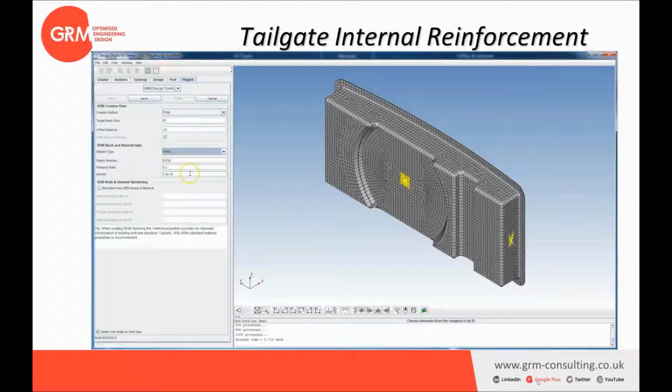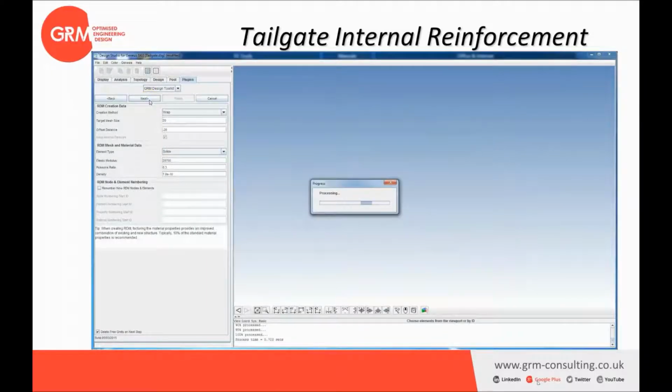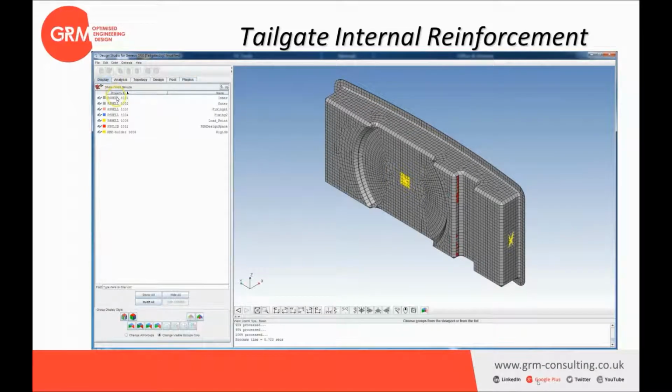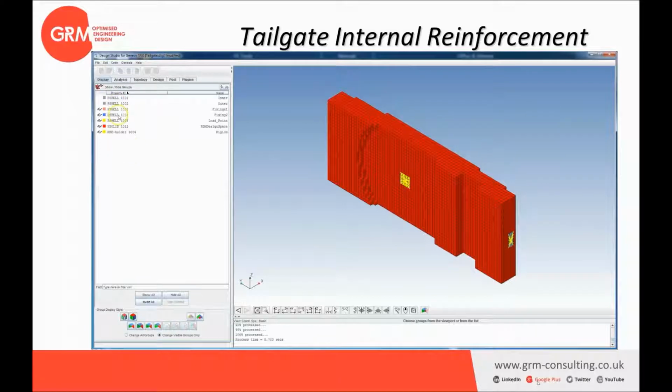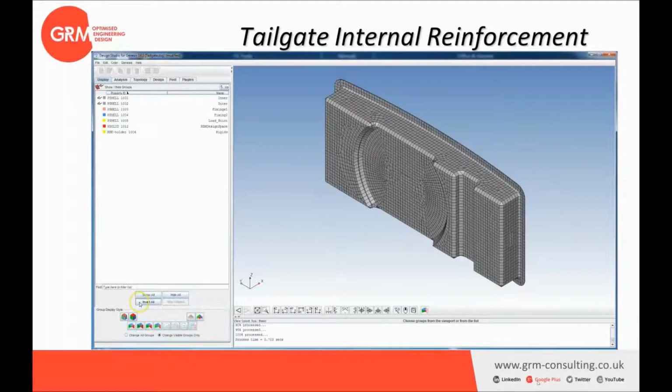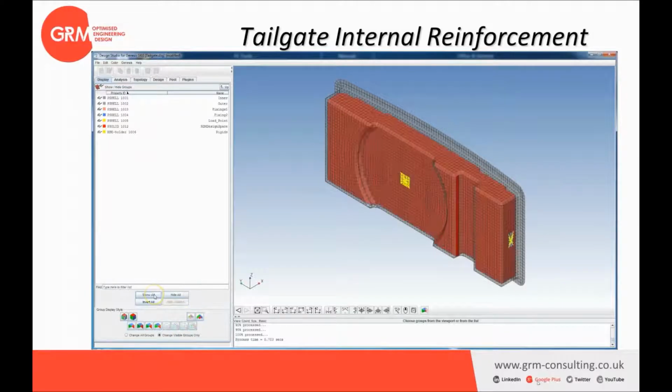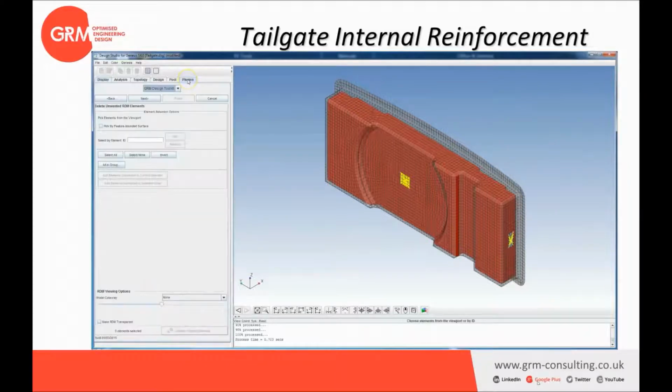We create solid elements still, which is fine. And as you can see, the RDM is automatically created inside the structure. If we make the structure transparent, we'll see a bit more what's happening inside.